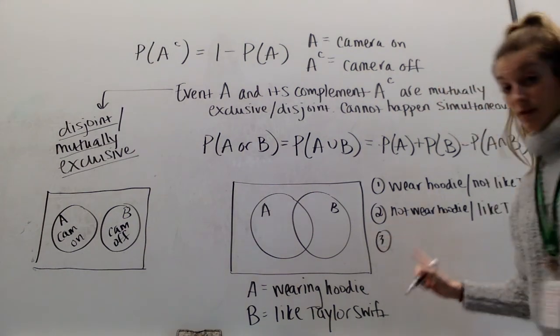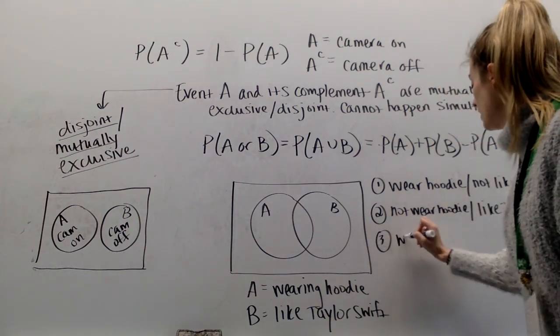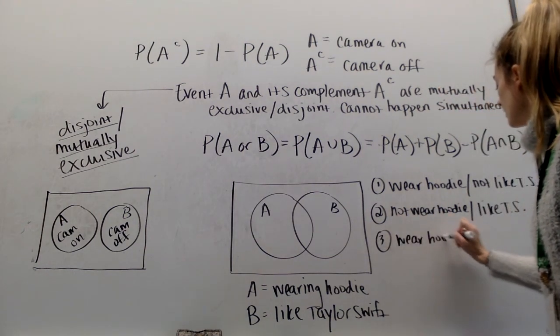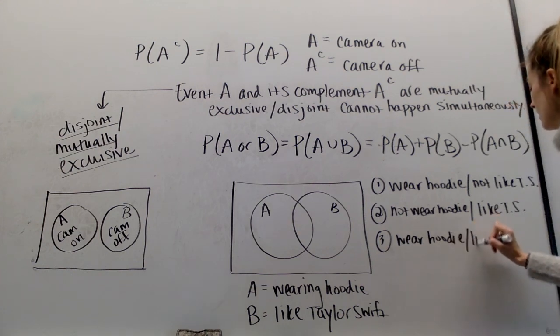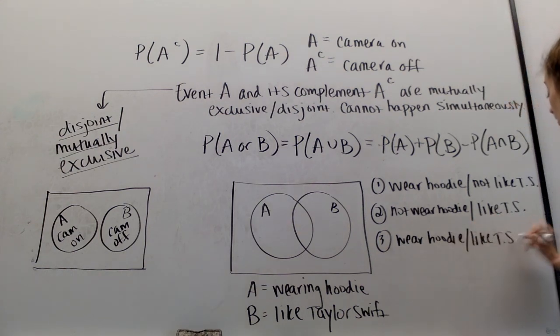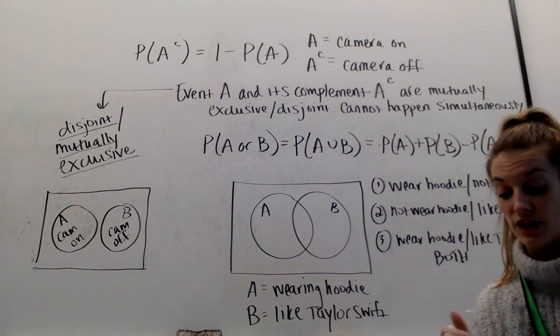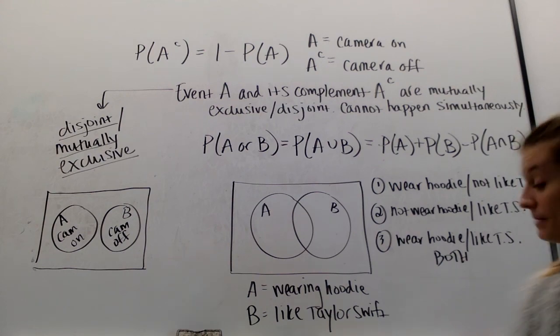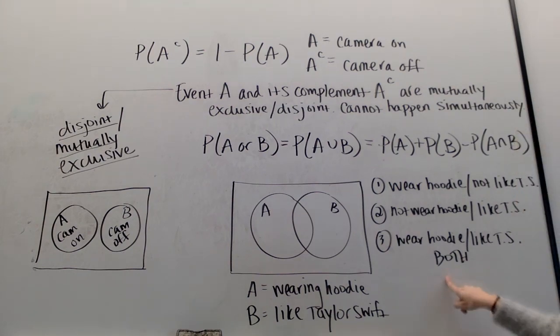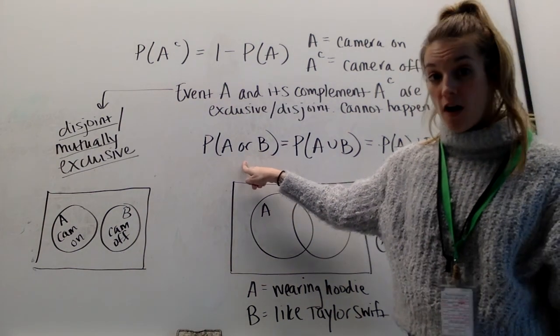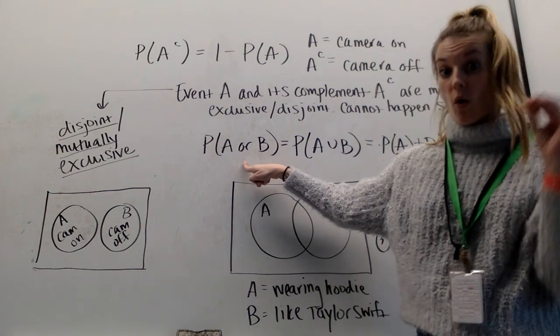And that third option, you could be wearing a hoodie and you also like Taylor Swift. And this is the both piece right here, all right? Both events occurring, A and B at the same time. And that's an outcome that actually falls under this or.